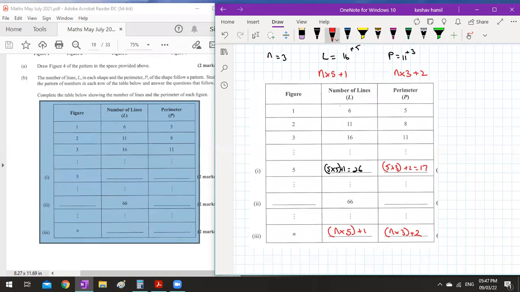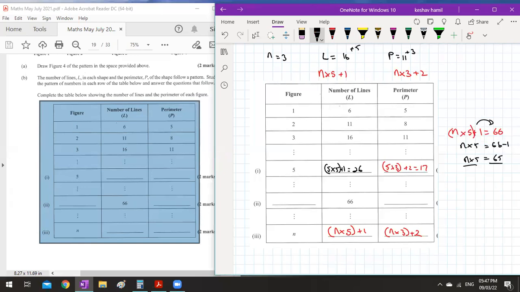Now, in a case like this, where we have the value equal to 66 and we know the function, we say n by 5 plus 1 is equal to 66. We want to find the value of n. So we'll subtract 1. We'll carry the 1 across. So we get 66 minus 1, n by 5 or 5n, right? 65.